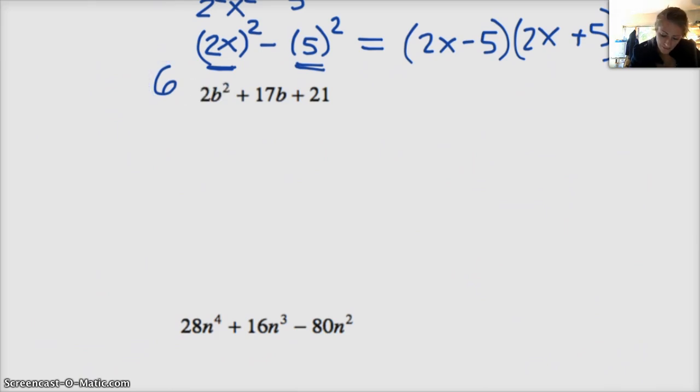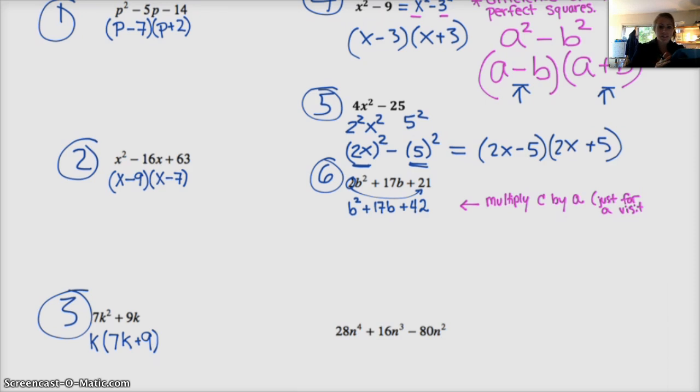That beginning 2, the a value, goes and visits the c value, the last number, and they multiply together. So then you have b squared plus 17b plus 21 times 2, which is 42. Okay, so then we want to factor that.